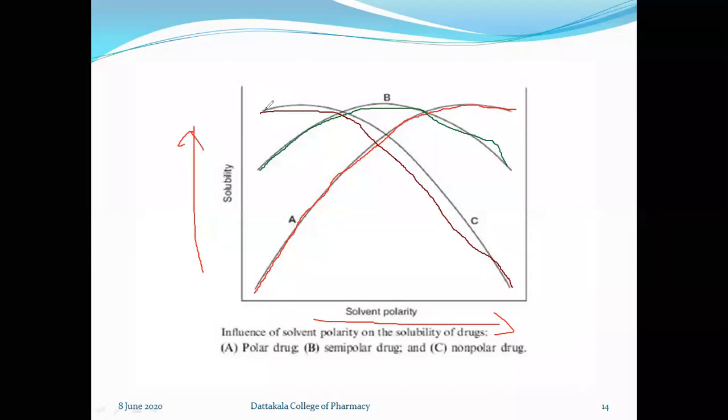For this reason, the concept of like dissolves like is very, very important while selecting the specific solvent to solubilize the solute and to form a homogeneous and clear single-phase mixture.